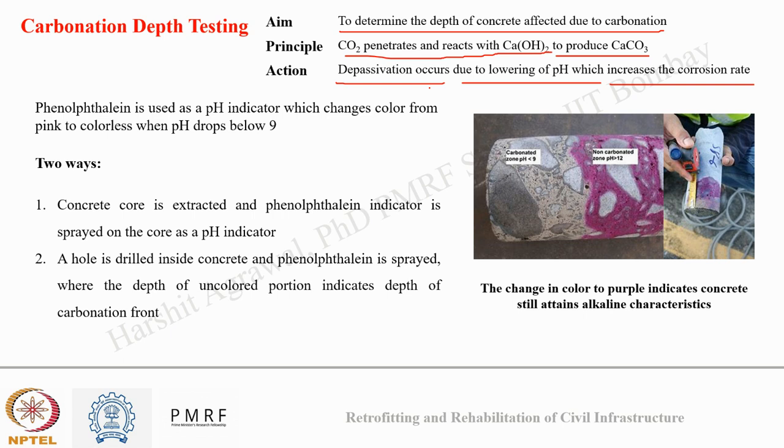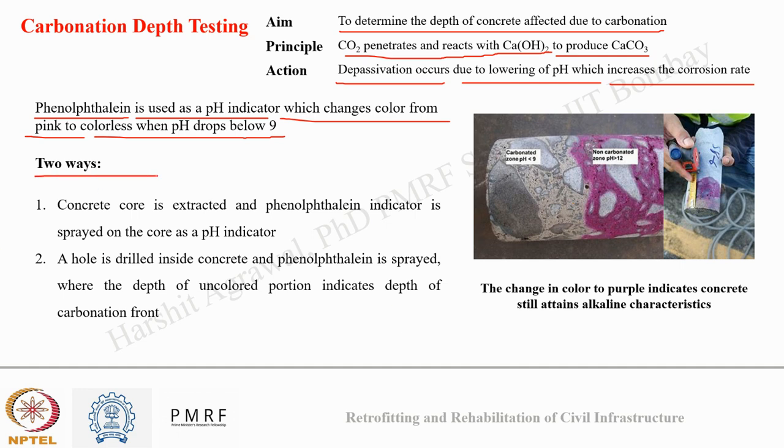For estimating the depth till which carbonation has happened, phenolphthalein indicator is used. Phenolphthalein is a pH indicator which changes color from pink to colorless when the pH drops below 9. When this indicator is sprayed over the concrete, it can show various regions where carbonation has occurred and where it has not occurred. For measuring depth, there are two ways.